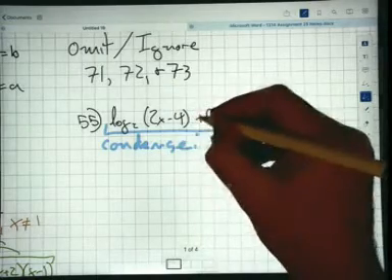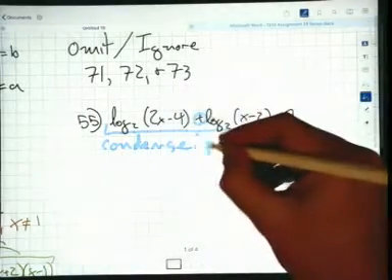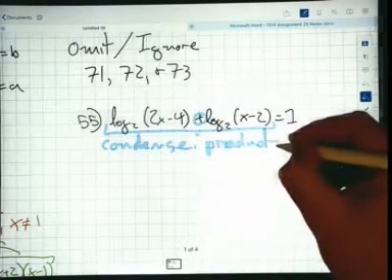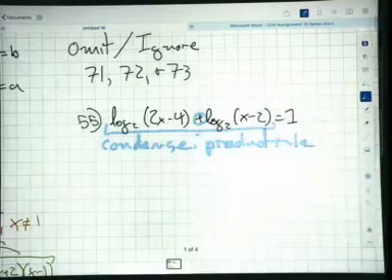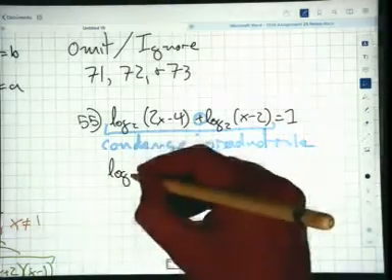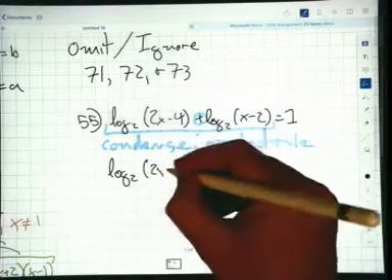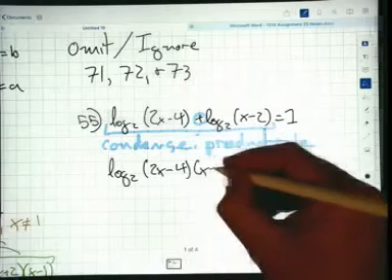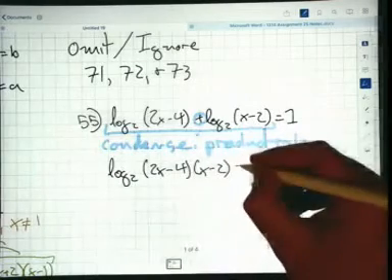Since we have a plus sign right here, this means we're going to use the product rule. So, what does this become? This becomes the log base 2 of 2x minus 4 times an x minus 2 equals 1.